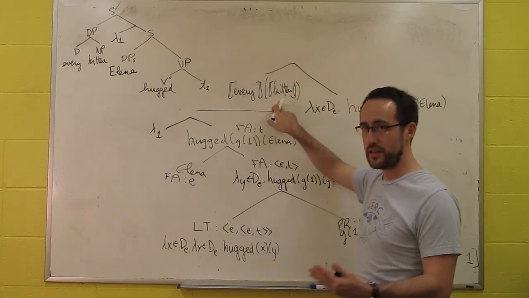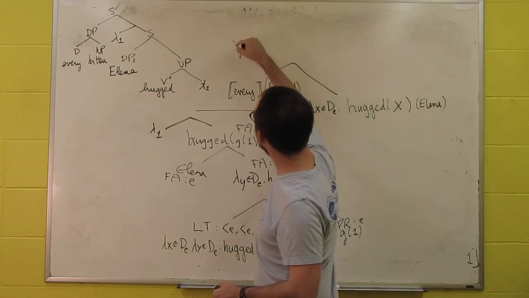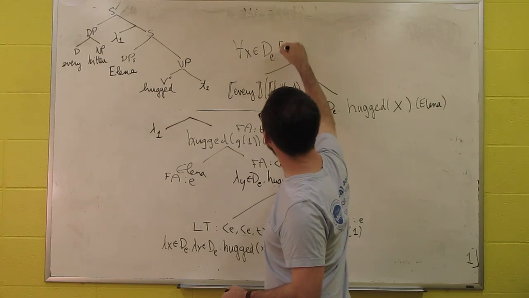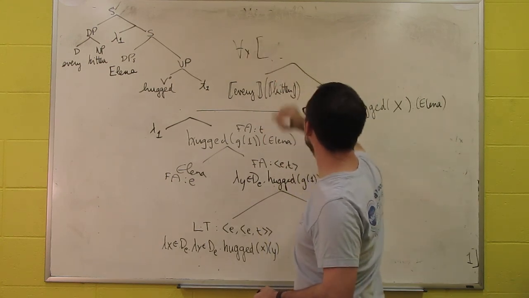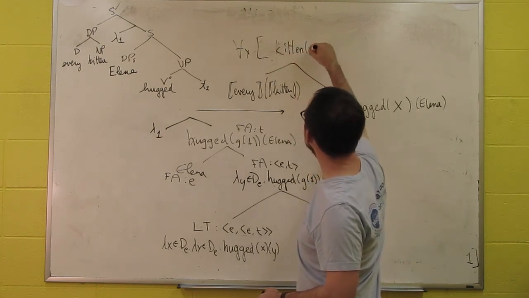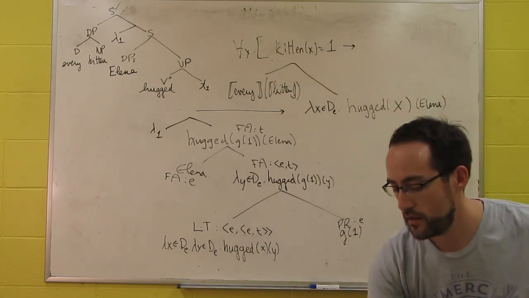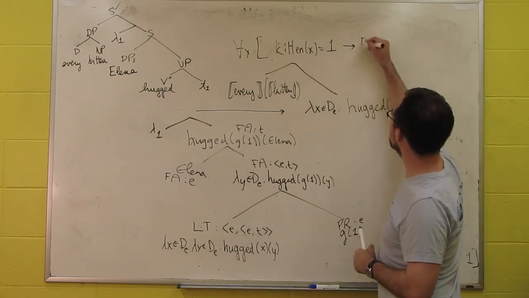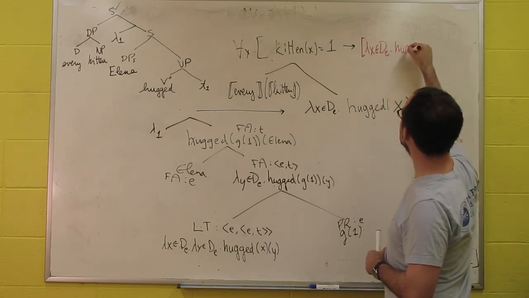Every took kitten as its argument. We plug that in, and we'll get the result for every x such that x is a kitten, then the property of being hugged by Elena applies to it.